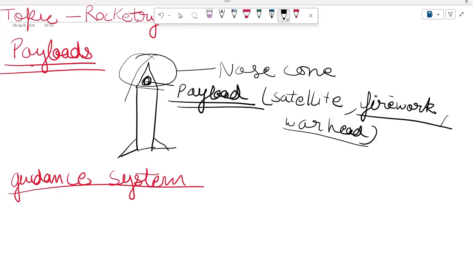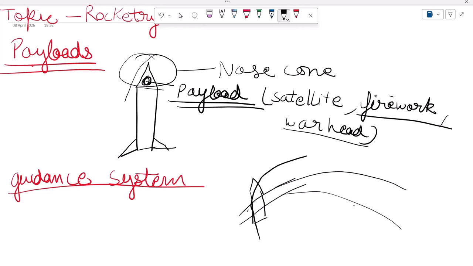If the guidance system is not there, the rocket will not go straight. Suppose this is the rocket trajectory. It's following the trajectory. If the guidance system is not there, the rocket can bend its direction away from the trajectory like this, and it can also crash. So there are major chances of destruction if the rocket crashes.